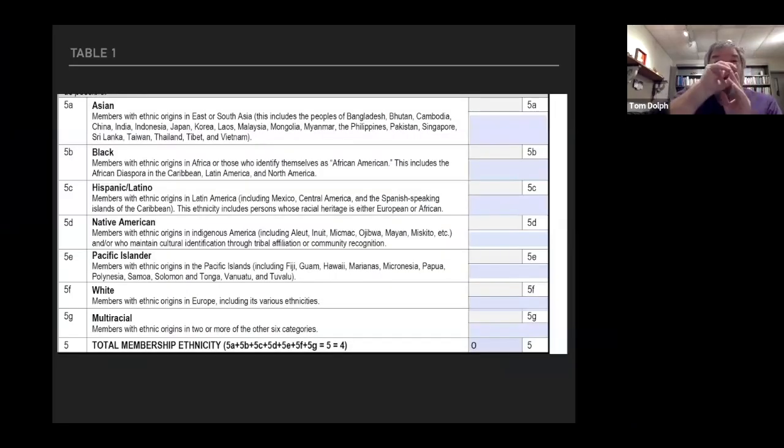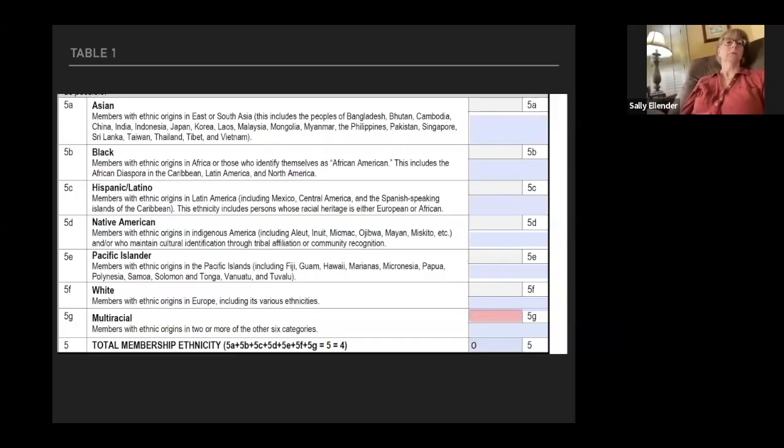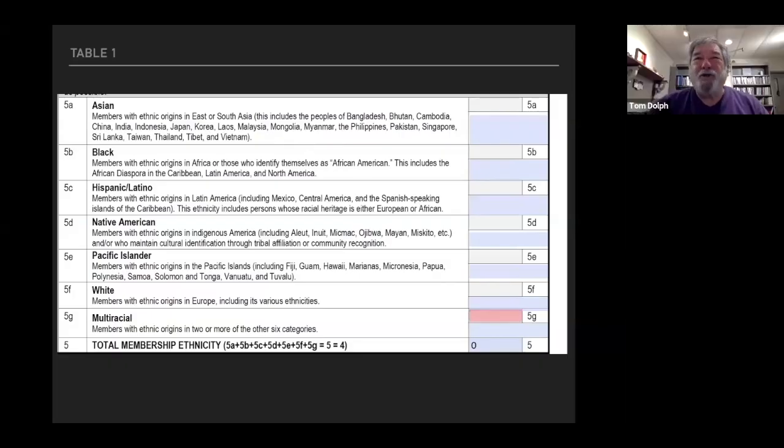This section is pretty self-explanatory. It is where you simply put in the number of ethnicities for your membership. A couple of things to note here. Multiracial does not mean that your congregation is multi-ethnic, but that an individual designates for themselves that they have a heritage of more than one ethnicity.